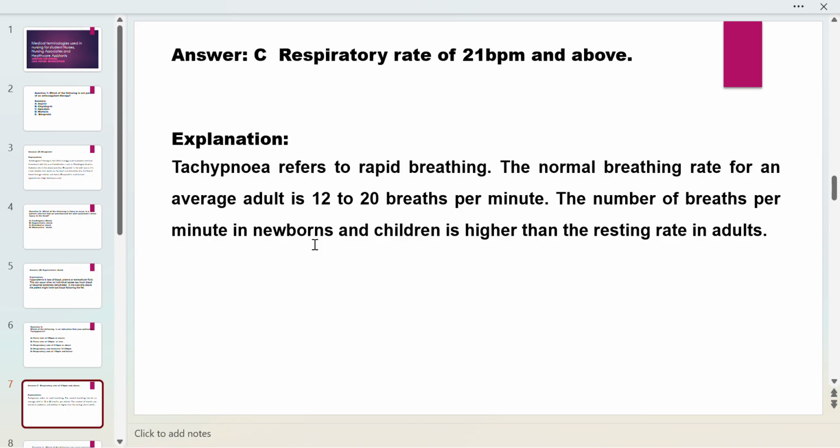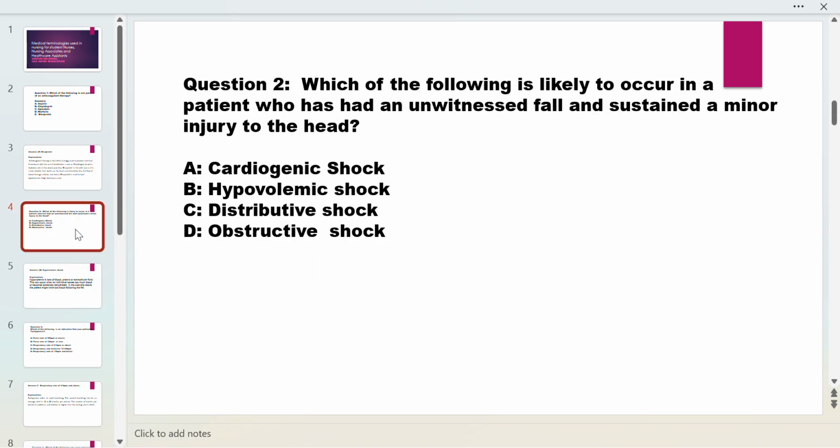The number of breaths per minute in newborns and children is higher than the resting rate in adults. Okay, so let's go back to the question and use that to explain.